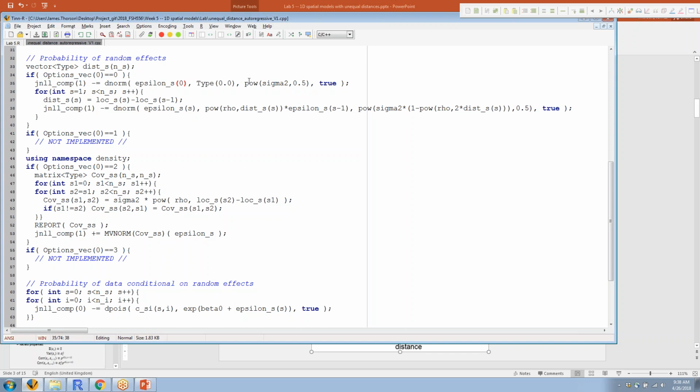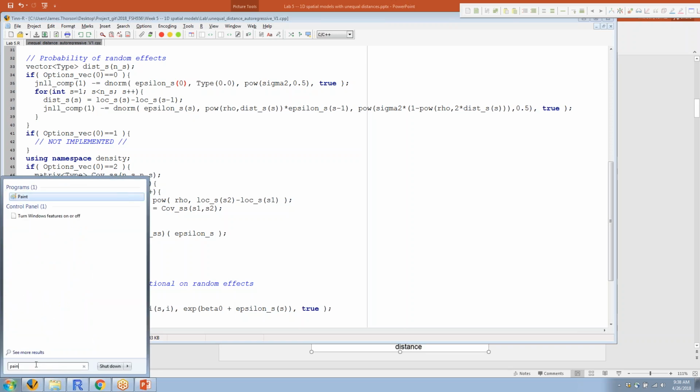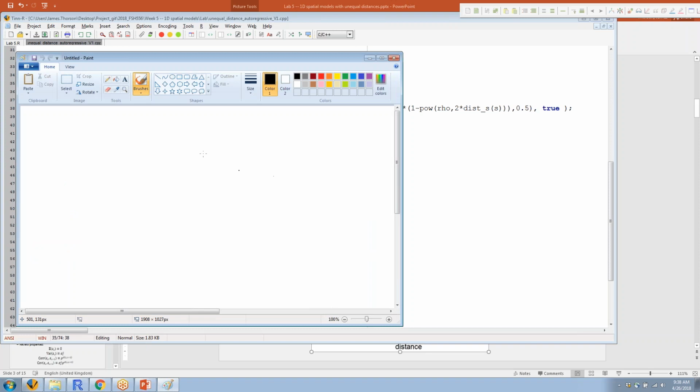Another way is, we talked about how a correlation function looks like this, an exponential correlation function.